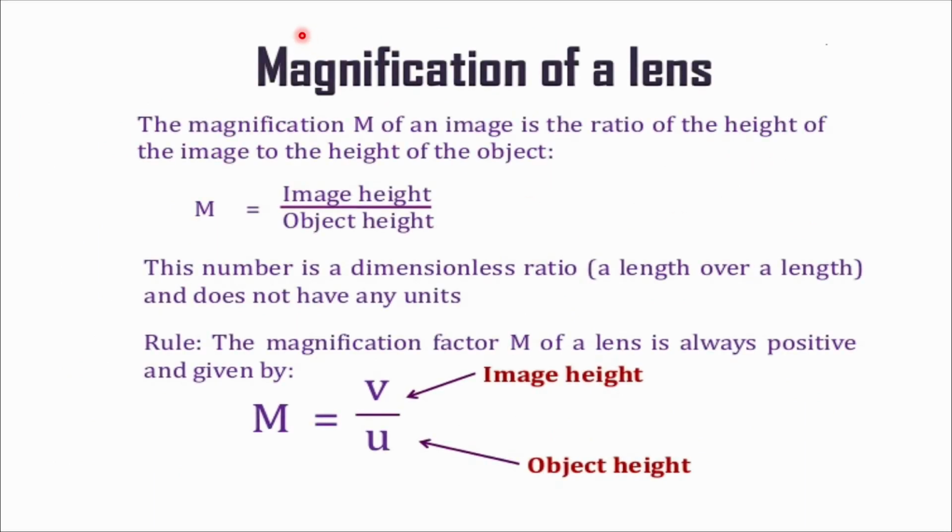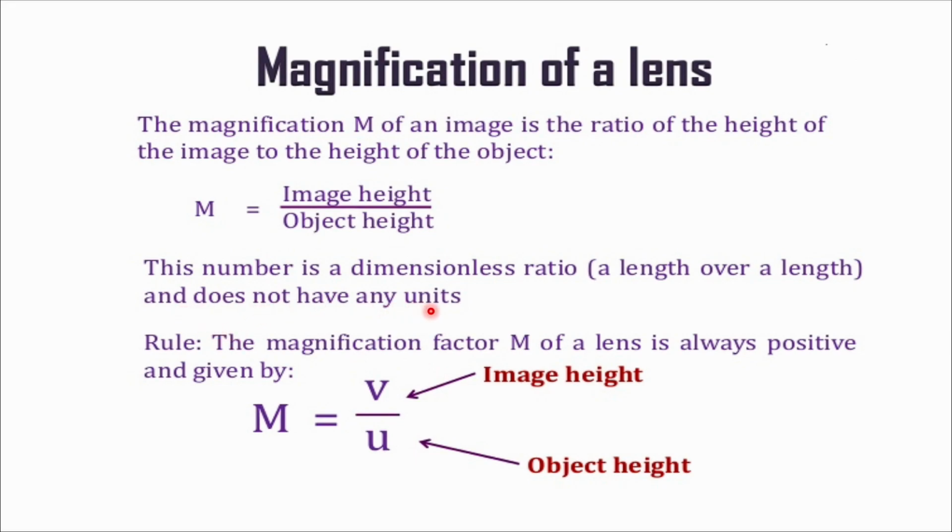So next one is the magnification of a lens. It's similar to the magnification of a mirror, same definition. The magnification M of an image is the ratio of the height of the image to the height of the object. So it is denoted by capital letter M equals image height divided by object height. Here also the number is a dimensionless ratio, because both are lengths and cancel each other.